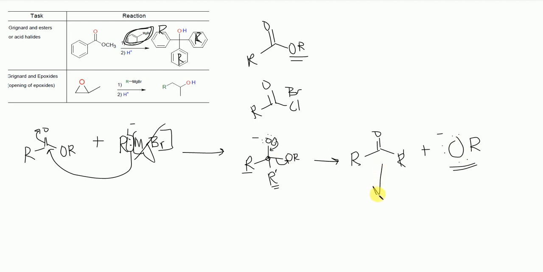And so now, because I reformed the carbonyl, my Grignard, so my R prime MgBr is still around, and this is going to come back and attack again. And so now I have the O minus reformed, I have the R prime, and I have another R prime.